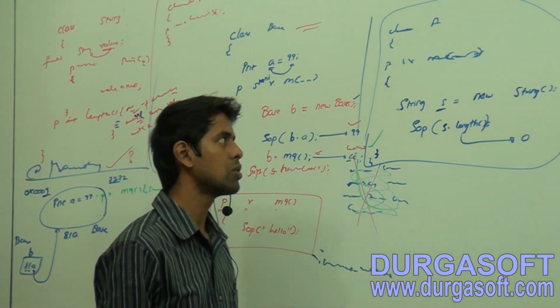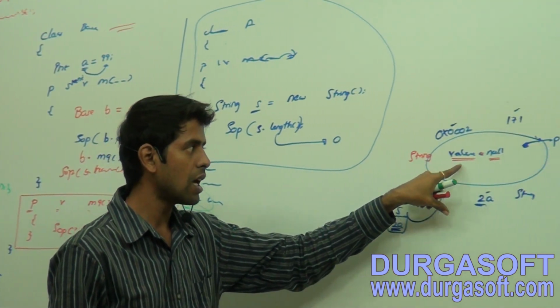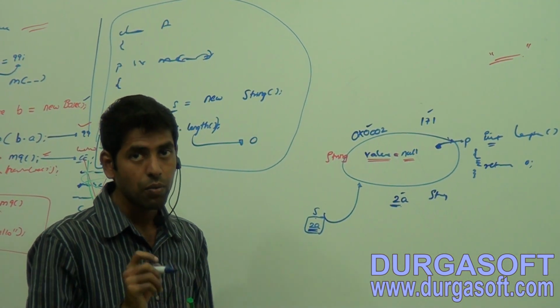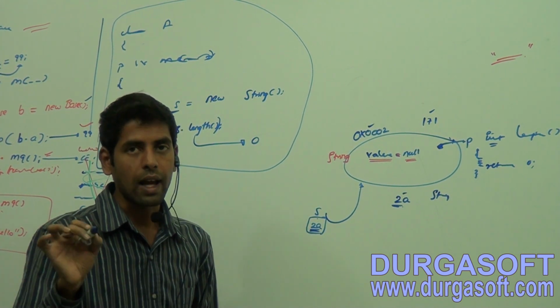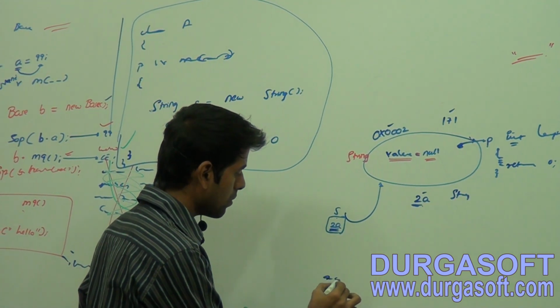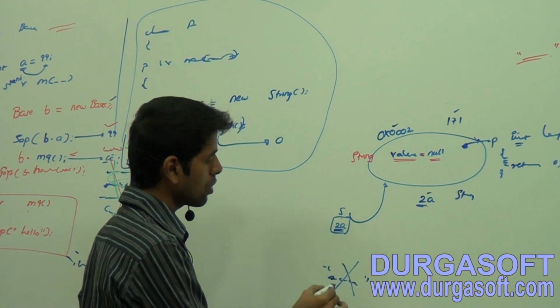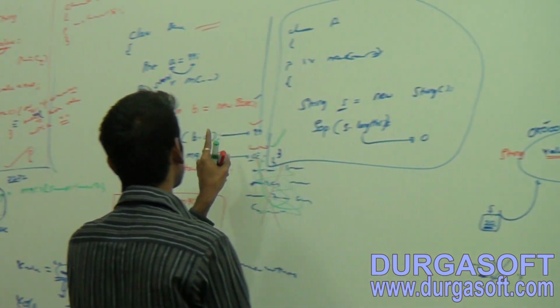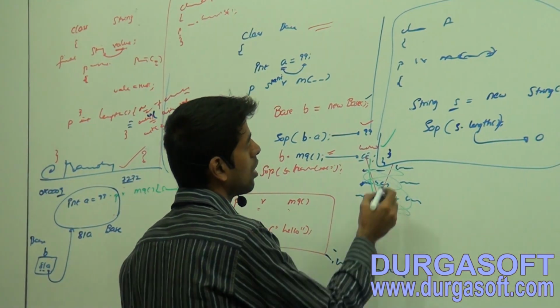Now observe here, this string object has a value with no characters, no sequence of characters within double quotation marks available. So this length method will return 0. So 0 is the output.